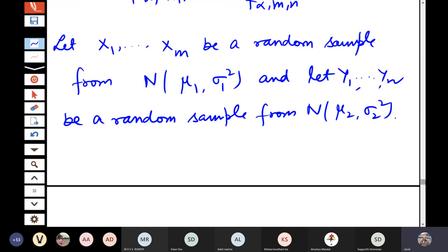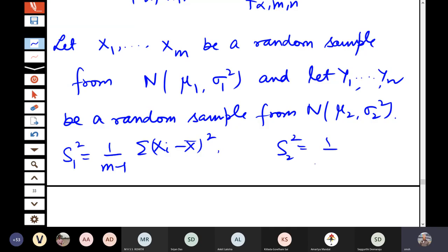Let us define S1 square as the sample variance of the first sample and S2 square as the sample variance of the second sample.